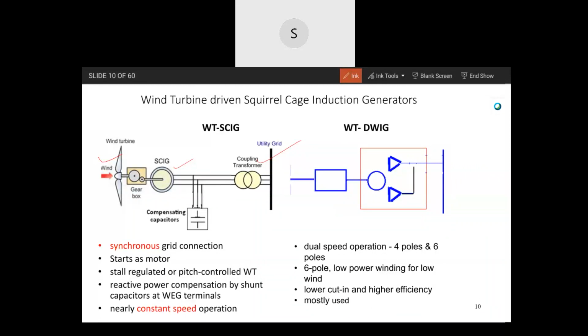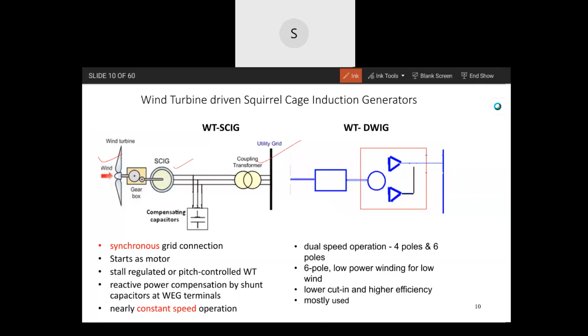Naturally, it will go to motoring mode. We cannot allow the system to work in motoring mode, because instead of a wind turbine generator, it will be a motor consuming power from the grid. So there will be sensors, and after the maximum permissible time, like 60 seconds or 90 seconds, it will cut off and be idling. Later, when the wind picks up, it will start again as a motor, and it has to accelerate up to 1500 RPM. Only on crossing that does generation happen.